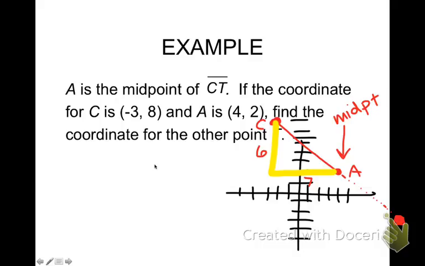So if I start at A and I have to go down 6 units, well, from here to here was how many? Connor, how many units from A to the x-axis did we do? 2. So that means I need to go down how many more to get 6? 4, right?